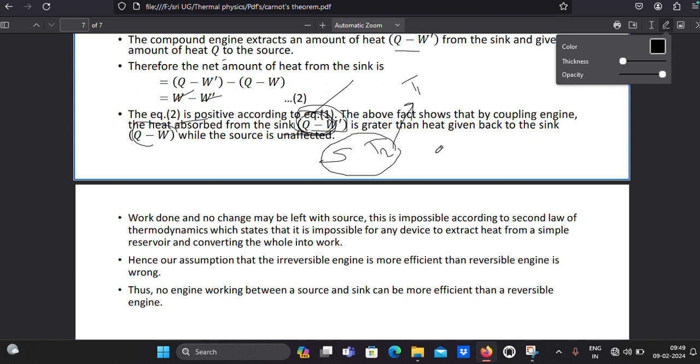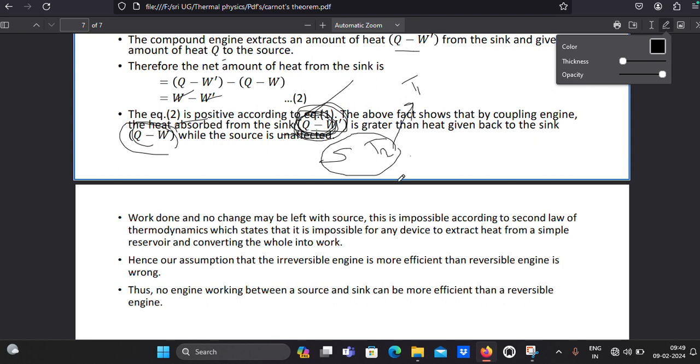Low temperature body means cold body. Why? Because the sink maintains low temperature. So here this heat is greater and this heat is lesser. That means the heat taken from the sink is greater. But actually the sink is a low temperature body, so we cannot take more heat from the low temperature body.